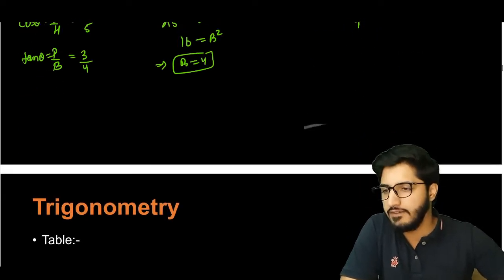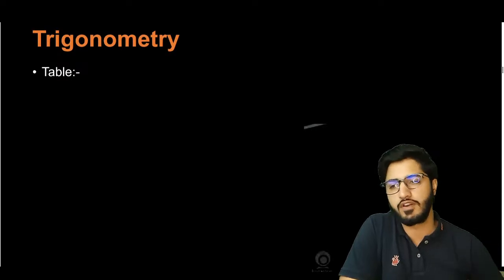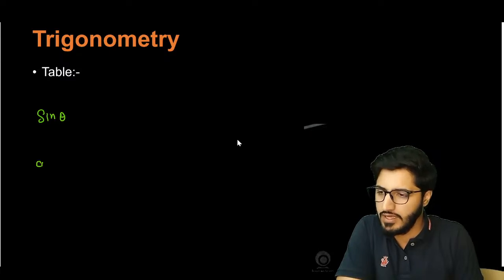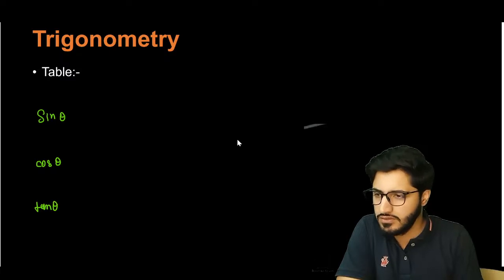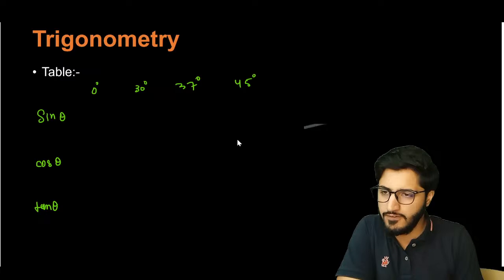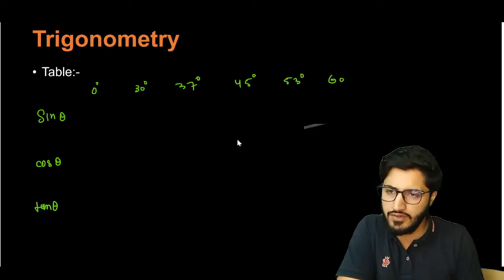Okay, now we are having table for trigonometry. You need to remember this table. So we are having function is sine theta. We are having cos theta, tan theta. So it is 0 degree, 30 degree, 37, 45, 53, 60 and up to 90 only.